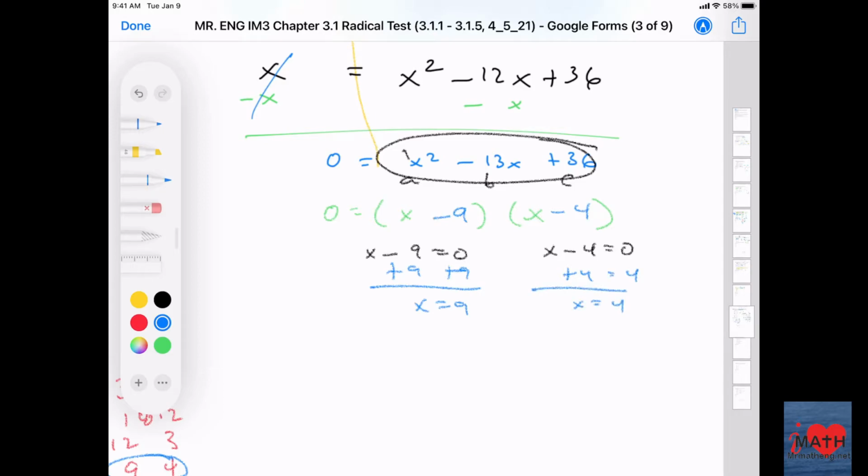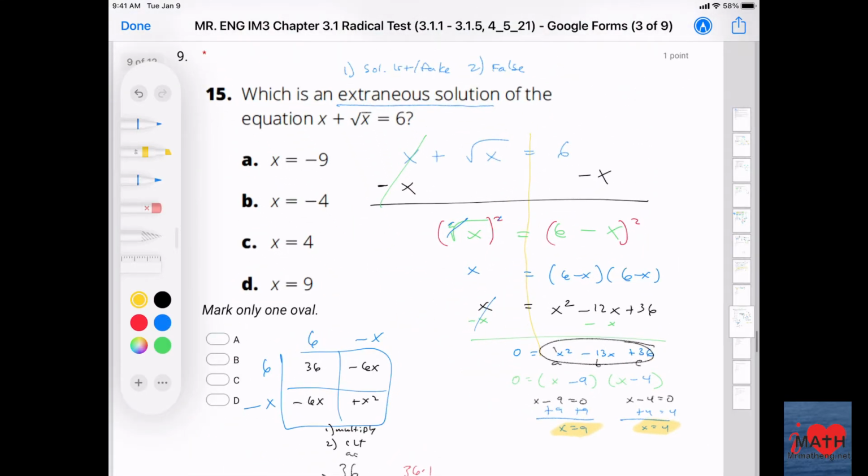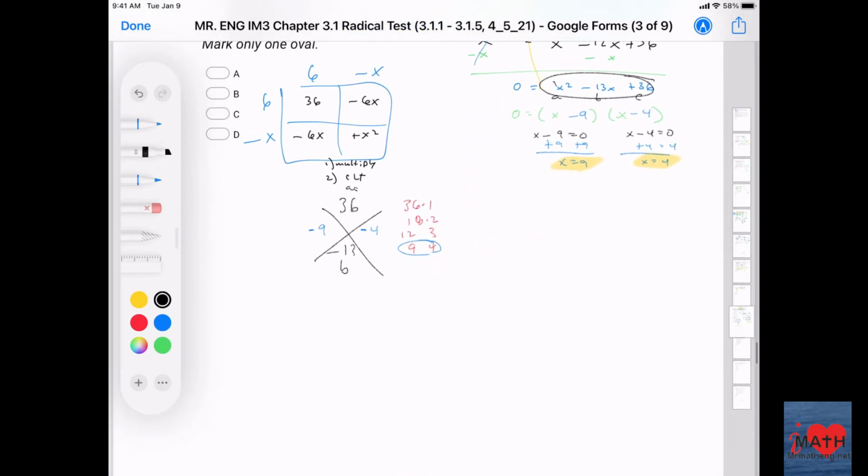Okay, so let's be careful here. Just let me highlight these. These two are my first solutions, and now I'm trying to find a fake. How do you find a fake? Well, you check your answer. Let's check our answer. Check.